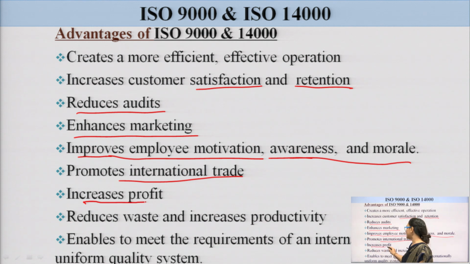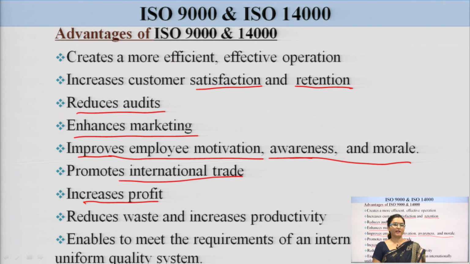Next is increase profit. Yes, when a product is ISO certified, that means that product is a quality product, and that product is superior to other products which are available in the market in terms of quality.